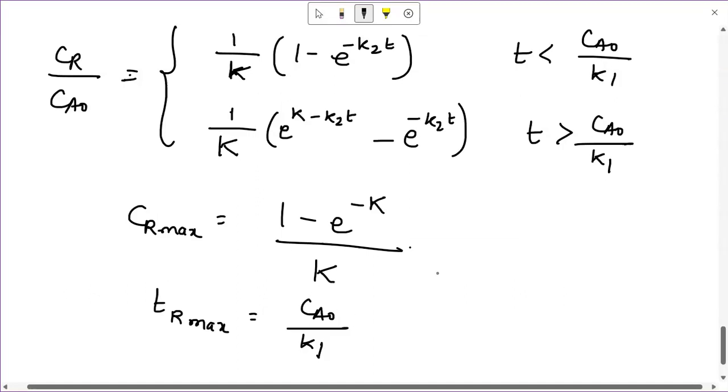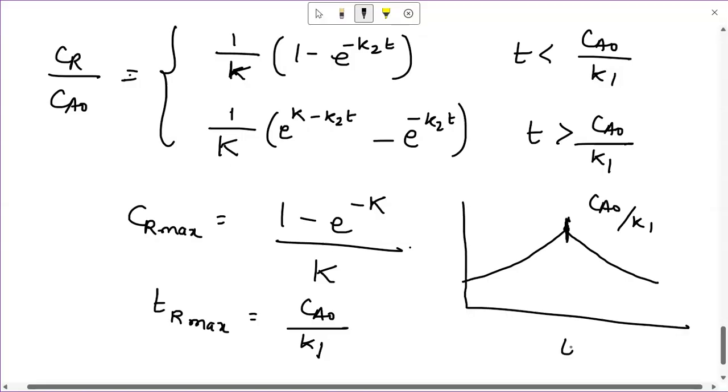So if you want to find the concentration of R when the maximum is not reached, that is, it passes through a maximum point and then again drops. If you are at this point, then this time corresponds to Ca0 by K1 on a plot of Cr and, sorry, I should write Ca over here.